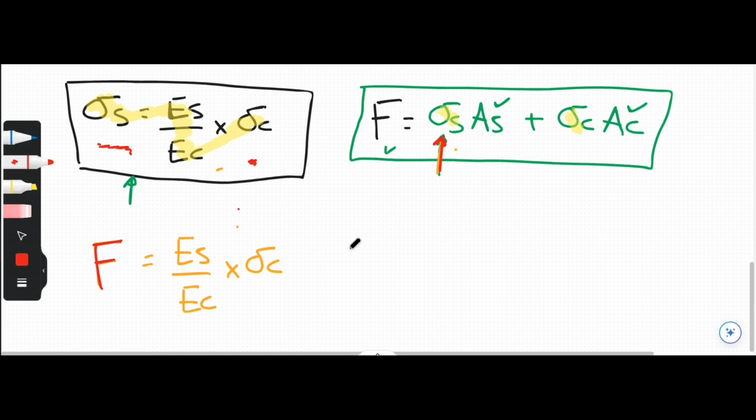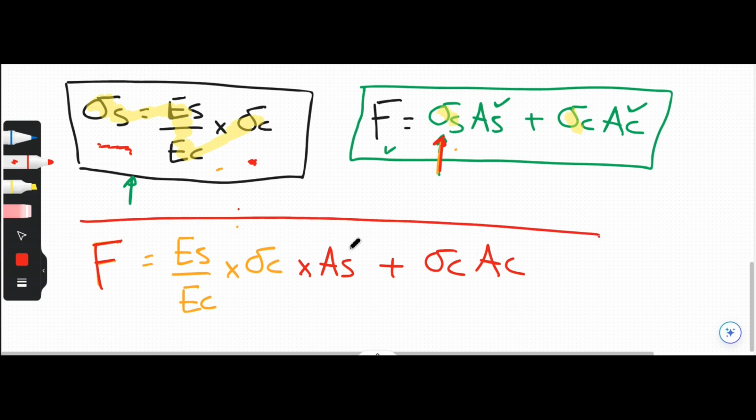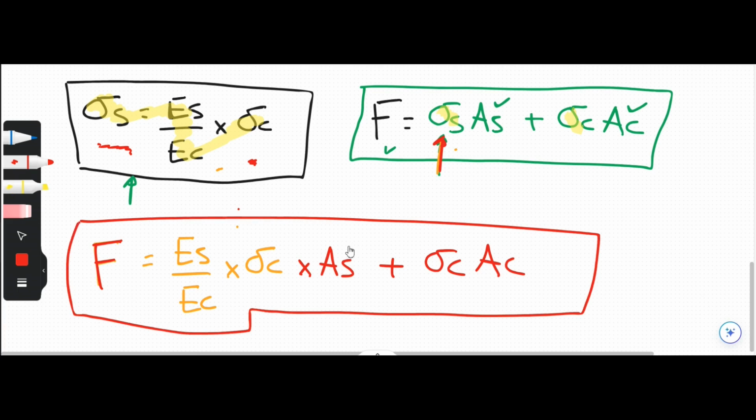Instead of having stress in steel, I've got this formula, which has got Young's modulus and stress in concrete. We'll times that by A_S, and plus that and that. So now I've got another formula, and the good thing about this formula is I've only got one unknown, which is this.